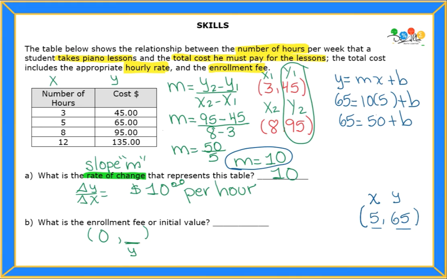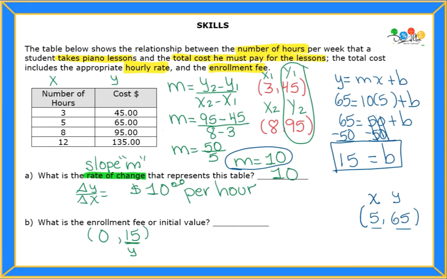I need to leave b by itself by subtracting 50 on both sides. So 50 minus 50 cancels out. I ended up with b, and 65 minus 50 is 15. This is my initial value, or this is the enrollment fee. I'm going to write it down on my coordinates, so this will be a 15.